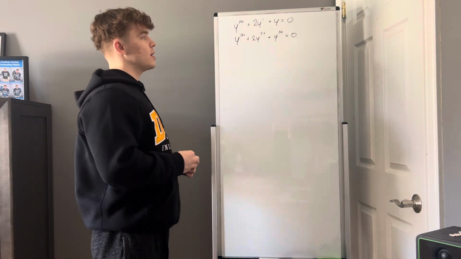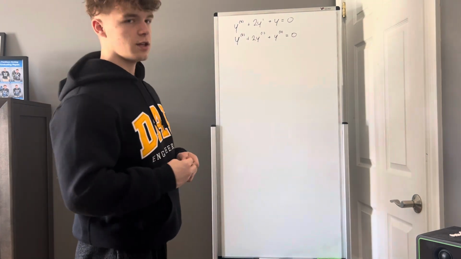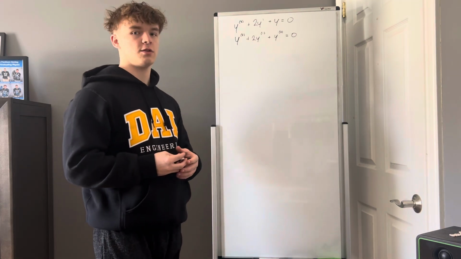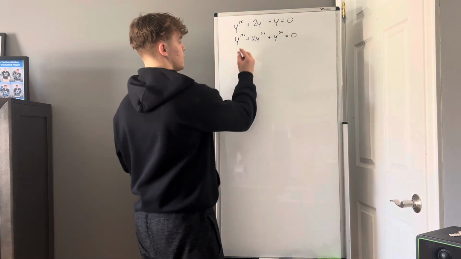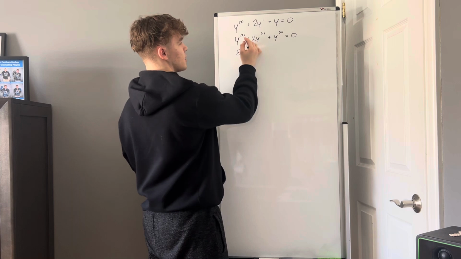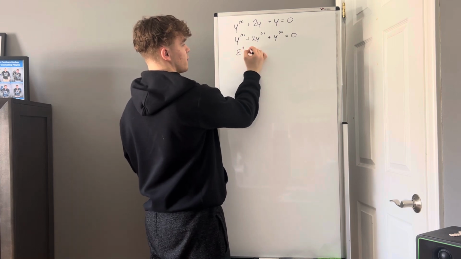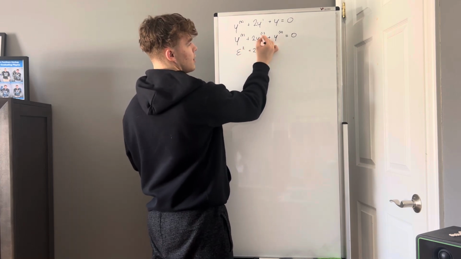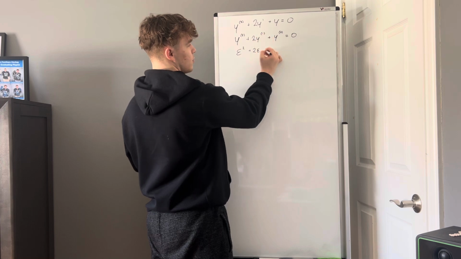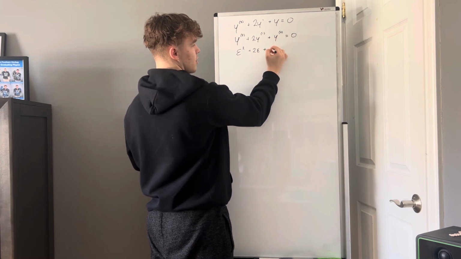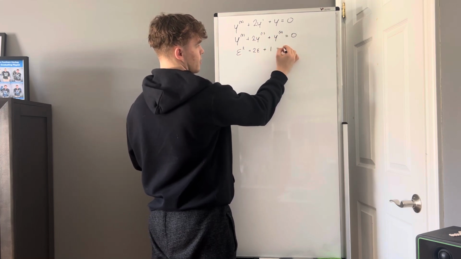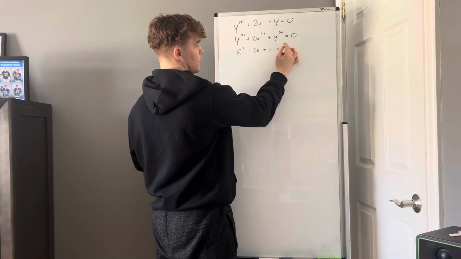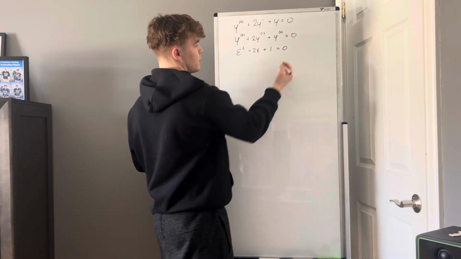You can use any variable here. I like to use epsilon because I think it looks cool. So we take epsilon to the power of 2, plus 2 epsilon to the power of 1, plus epsilon to the 0, and this all equals 0.